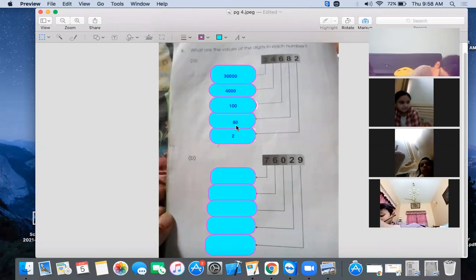Just put 1 0 like 80. How we write the 100 place? Make it becomes 600. Sorry. The place value of 6 is 600. Now what the place value of 4 is? 4000. The place value of 3 is 30,000. How many zeros in the 10,000? There are 4 zeros in the 10,000.